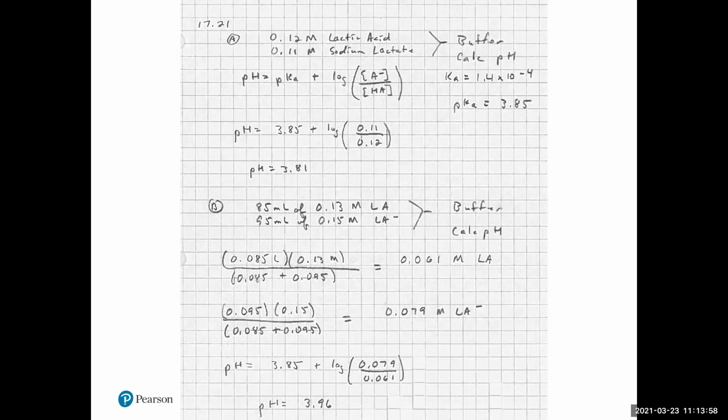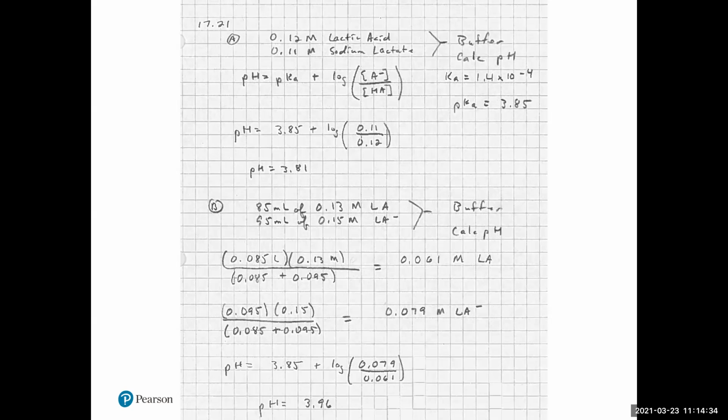We know that our concentrations for our acid and conjugate base have to be in moles per liter, right? So we need to take each of these amounts, mils of a certain molar solution, and convert those into molarity. Let's do the lactic acid first. We're in mils, molarity is moles per liter, so we need to be working in liters. So 85 mils is equal to 0.085 liters.